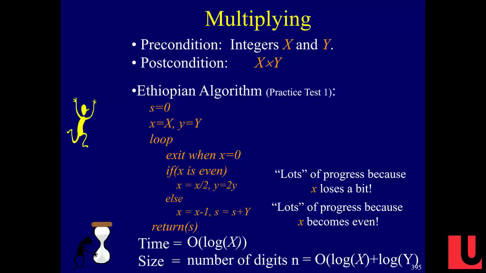But y does get multiplied by 2. And then I divide by 2 and I look at this. Here y multiplied by 2 is this. I just shift it. It's like multiplying by 10.